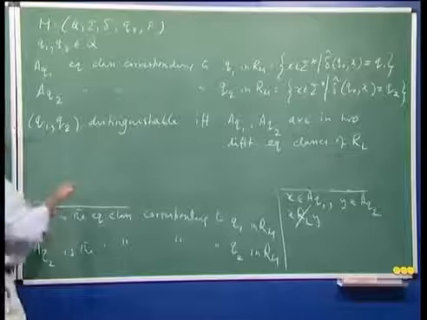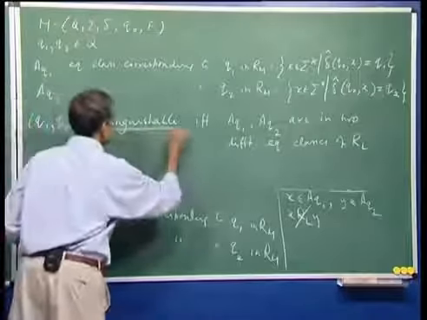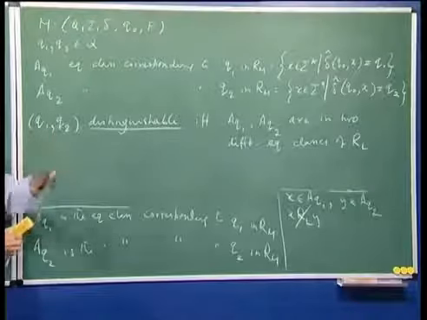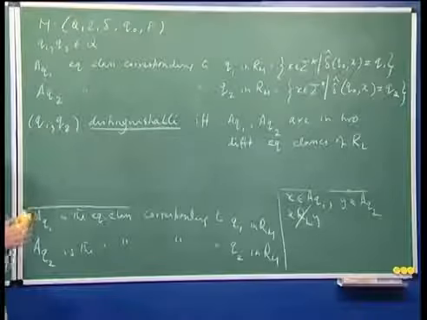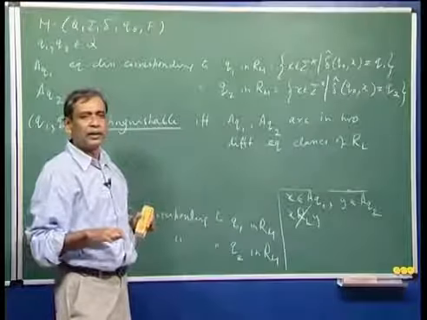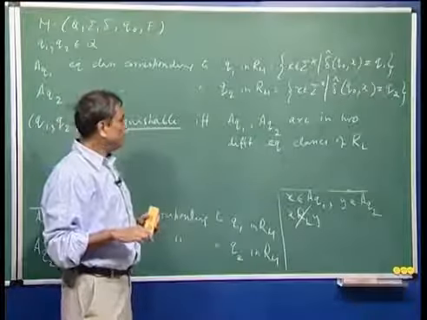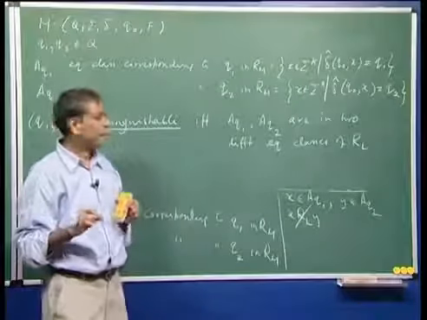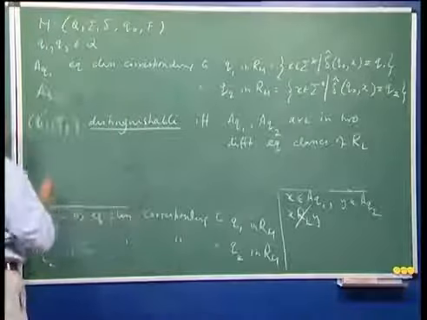We are saying that these two states are distinguishable if and only if these two equivalence classes are in two different equivalence classes of RL. And how can I figure that out?